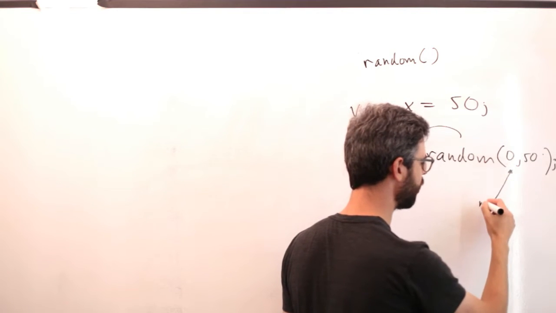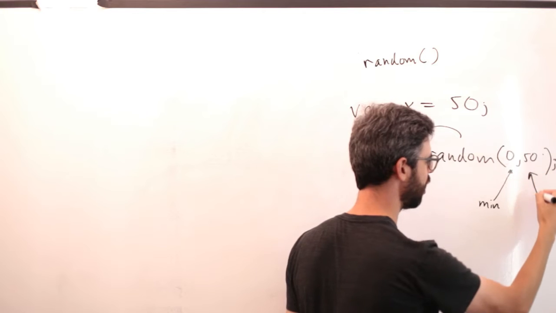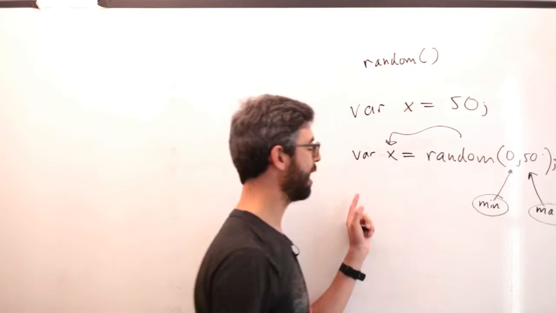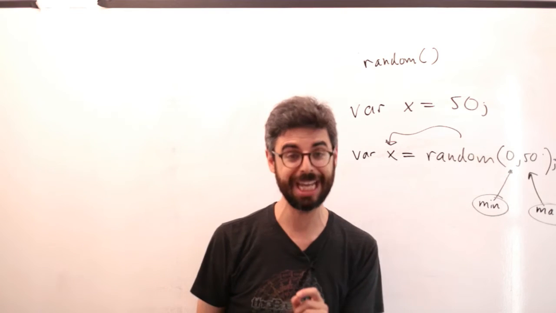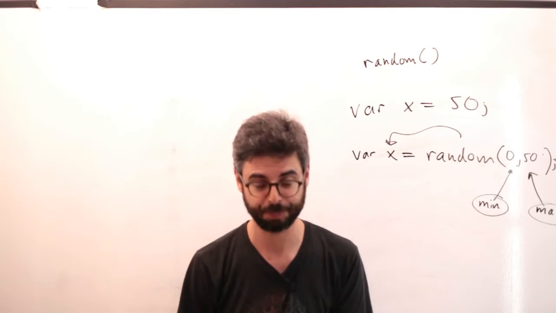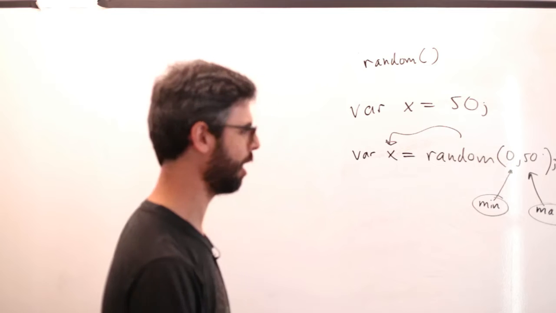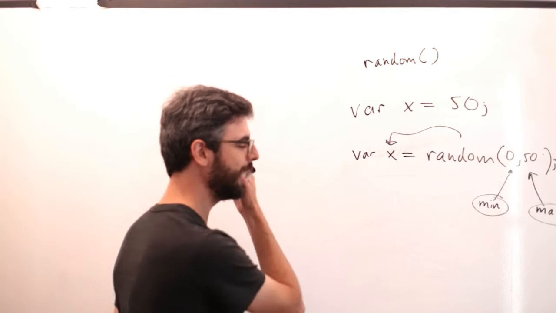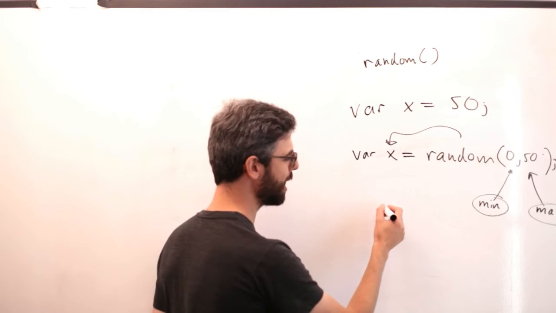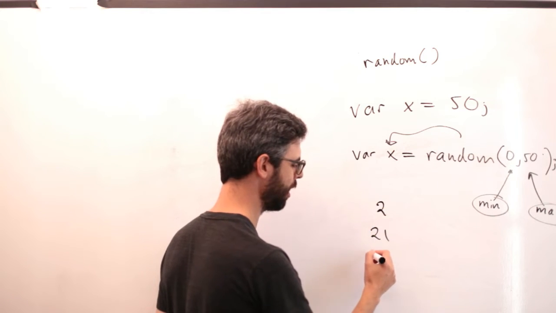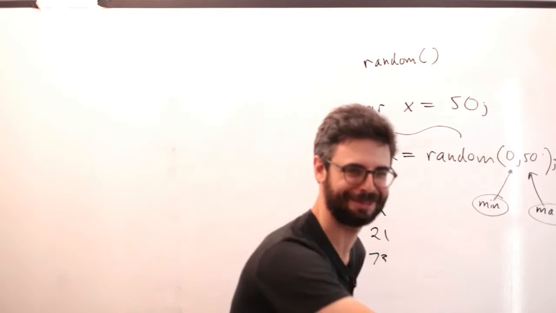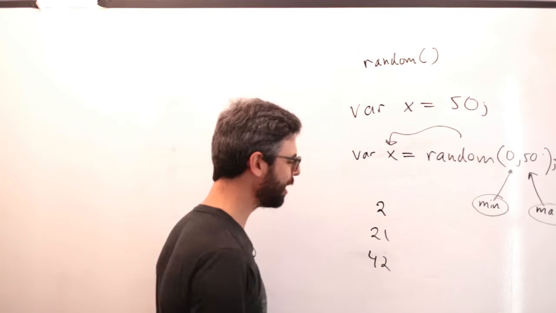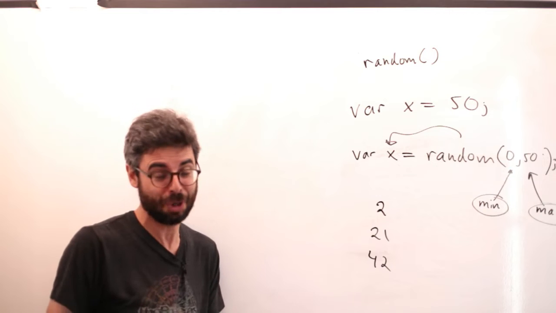The arguments that random takes are a minimum and a maximum. So if I say 0, 50, random will give you a number between 0 and 50. One small distinction: here are some numbers you might get: 2, 21, 42. Well, you won't get 73, that's above 50. But you probably won't ever get these whole numbers.